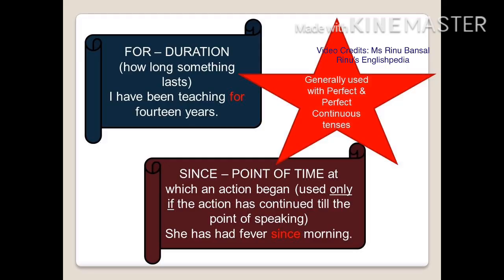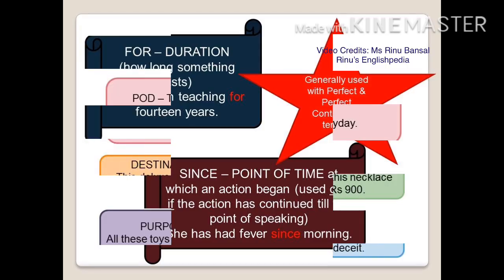This is the duration for how long my teaching has been in progress. Whereas the example for since is she has had fever since morning. That is, till this particular moment that we are speaking of, she is still suffering from fever. Please remember, both these prepositions are generally used with perfect and perfect continuous tenses.